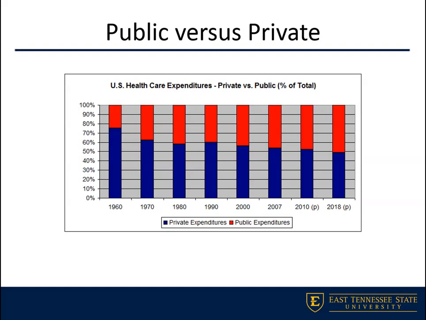We start to see a change where public insurance funding is increasing, and private insurance funding is decreasing. So we're starting to rely more on public insurance for methods of payment than on private insurance.